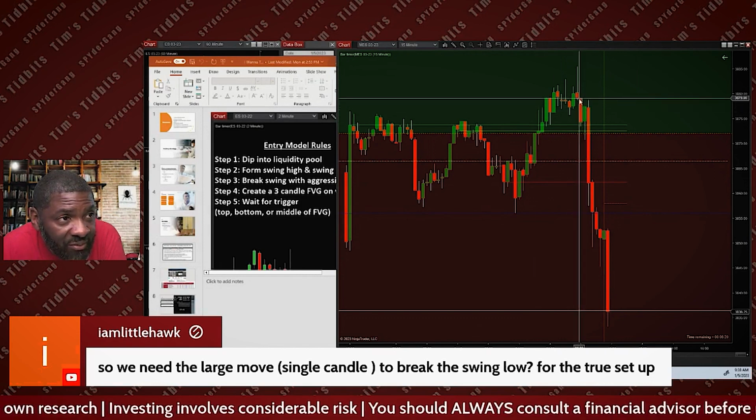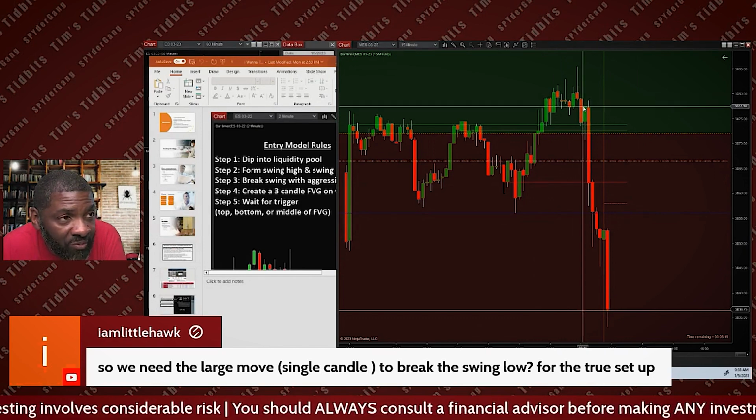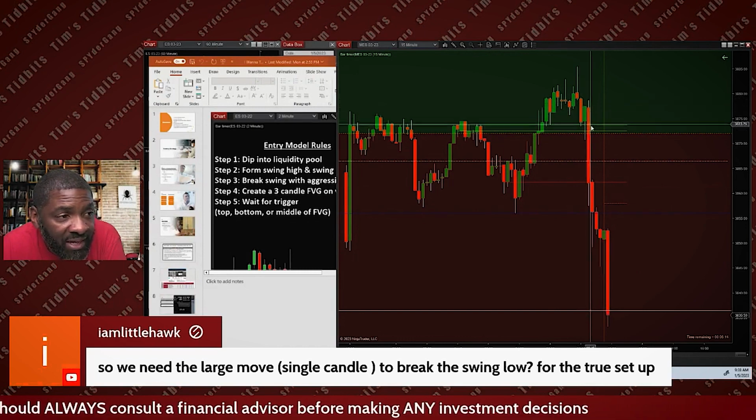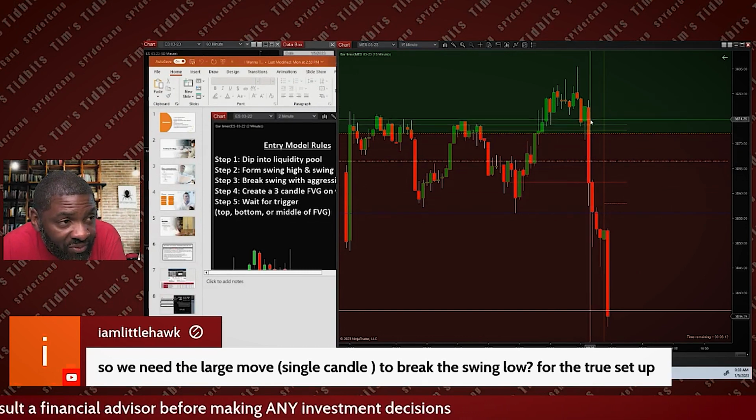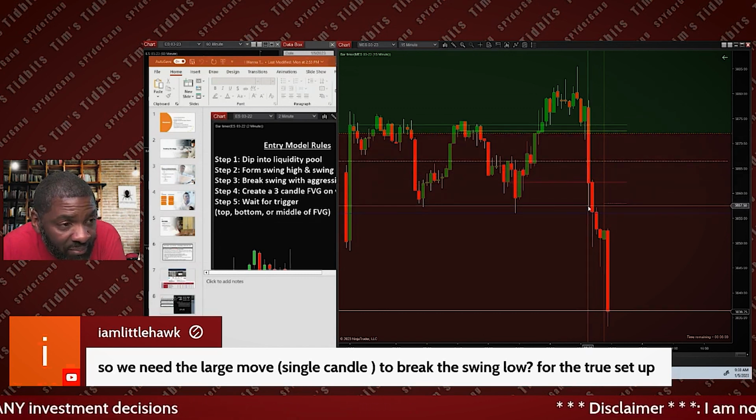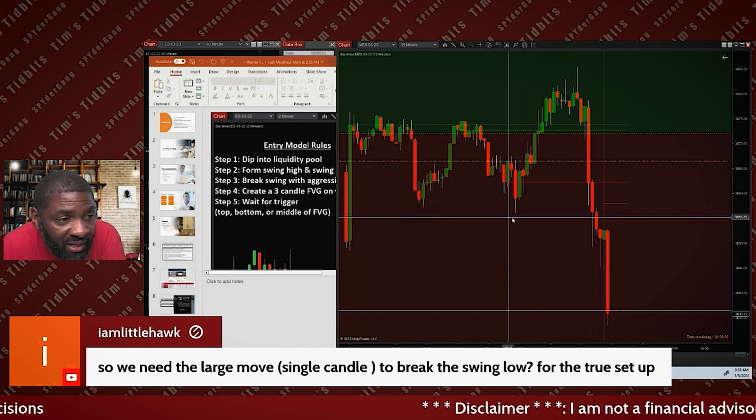This next candle formed the fair value gap right there. Then we traded up into that fair value gap and we dumped, and then we stopped. We didn't break the market structure.